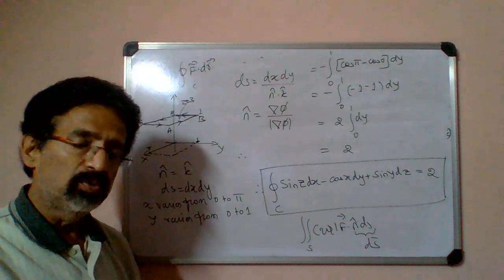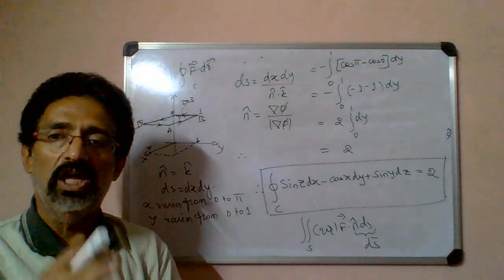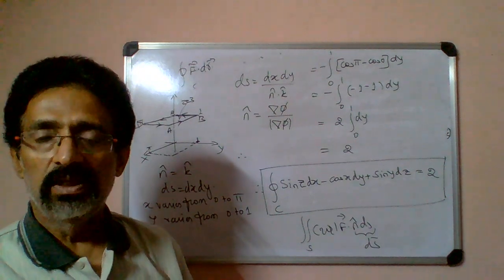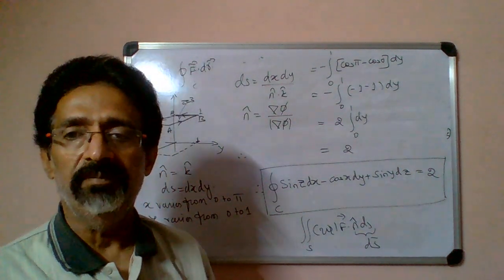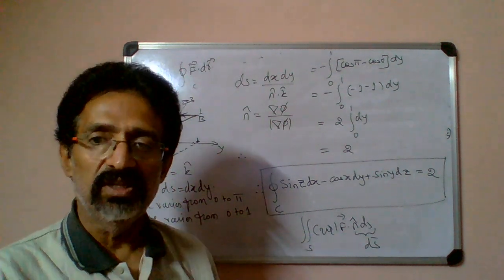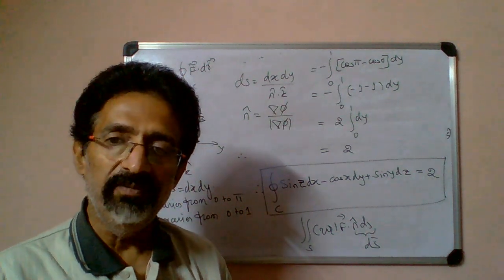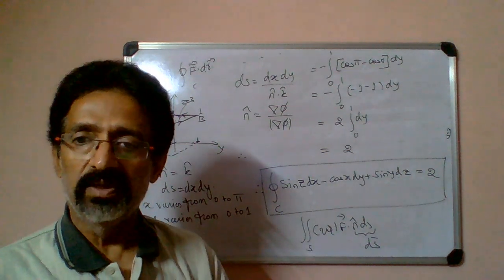So the questions are of two types. One is evaluate using Stokes theorem. Then you should find the surface, find its projection on the xy plane, find dS, find d phi, then fix the limits and evaluate the double integral. That's all.